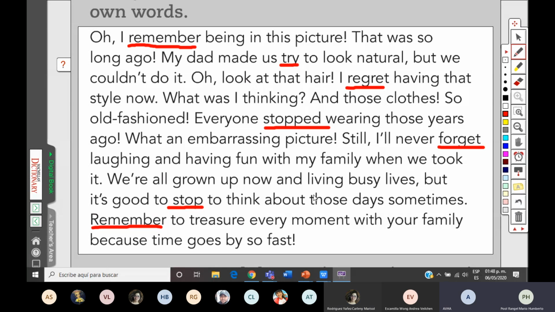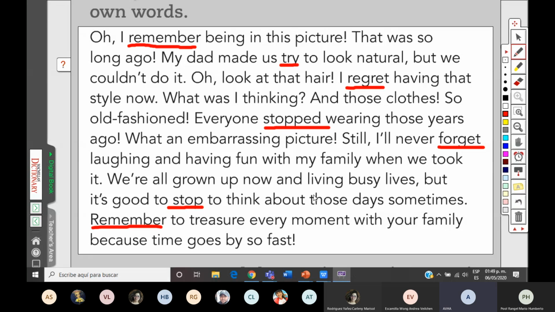Okay. Oh, I remember being in this picture. That was so long ago. My dad made us try to look natural, but we couldn't do it. Oh, look at that hair. I regret having that style now. What was I thinking?